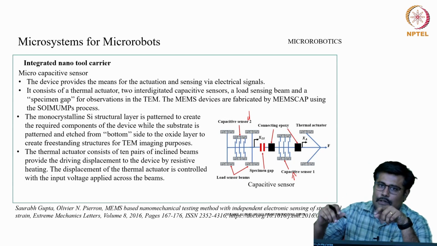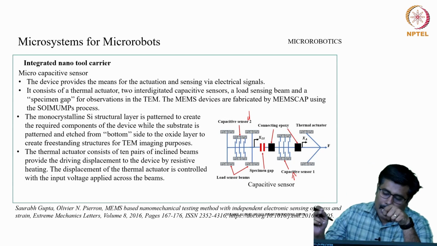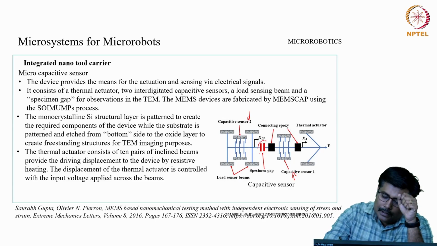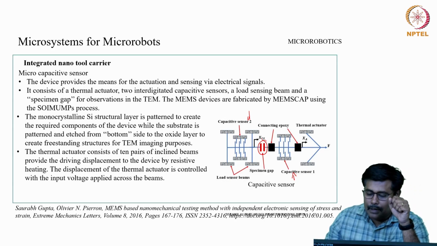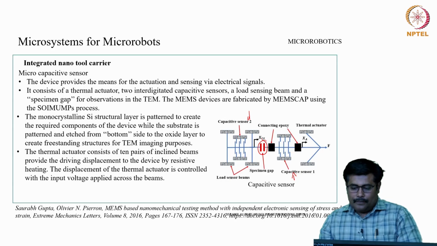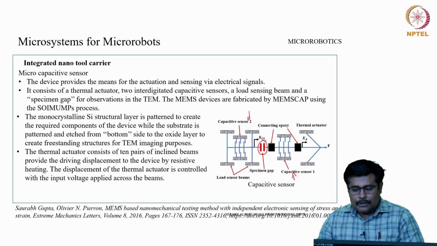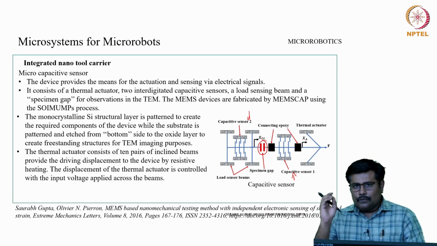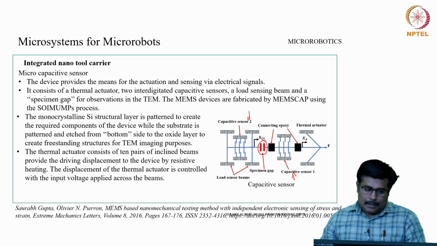In this load sensor beam, the capacitors are connected, and you have an arrangement placed over here, and then there is a specimen gap available. This specimen gap will act as a reference gap. In addition to this, we also have a thermal actuator in place. These thermal actuators are efficiently used for compensation related aspects.